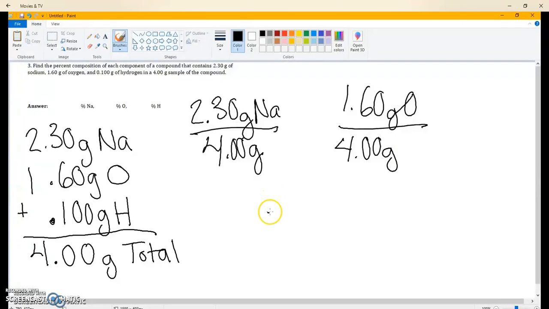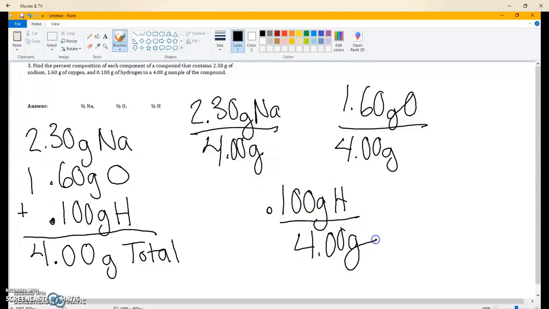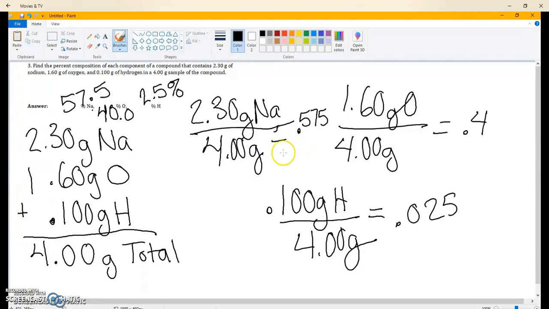And I take 0.100 grams of hydrogen divided by 4 grams total. Okay, so 0.575, I move the decimal point over 2 and I get 57.5%.